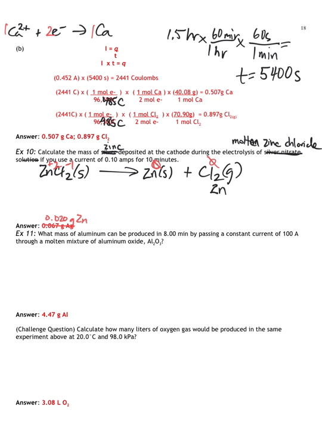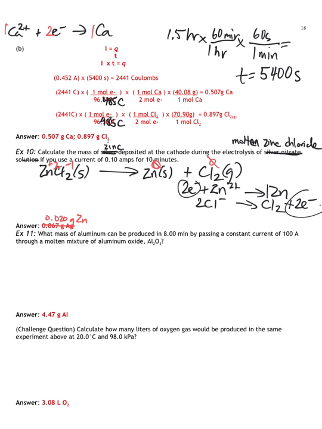So zinc goes from 2+ to a neutral charge, which means 2 electrons are gained by zinc. And then chloride ion goes from Cl- to Cl2, and there are 2 of them, so there are 2 electrons total lost. So you can see how many electrons are transferred per 1 mole of zinc in the end. And that's what you're going after: how many electrons are transferred for every mole of zinc.